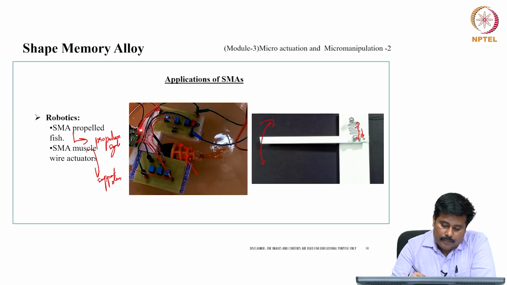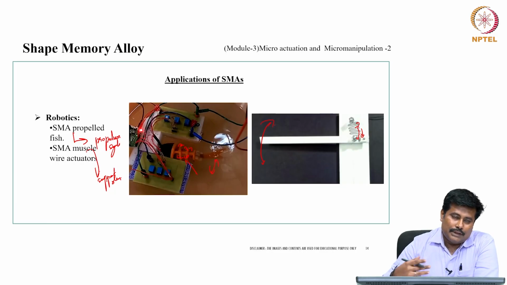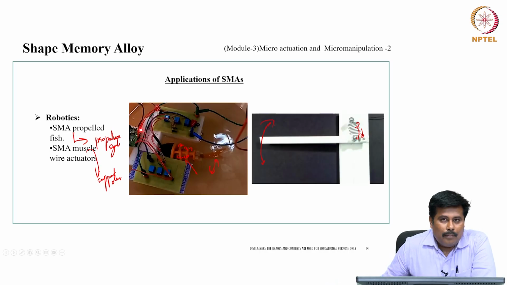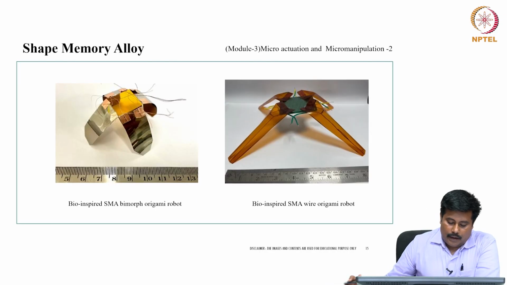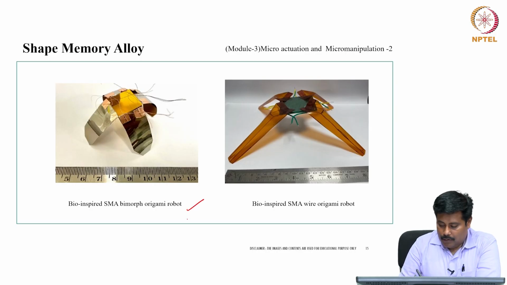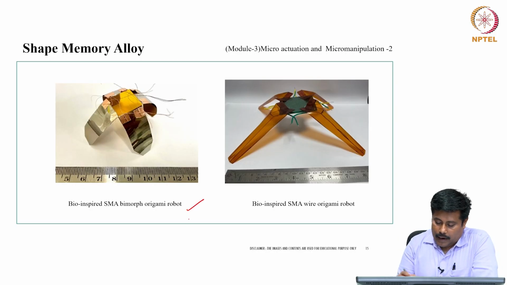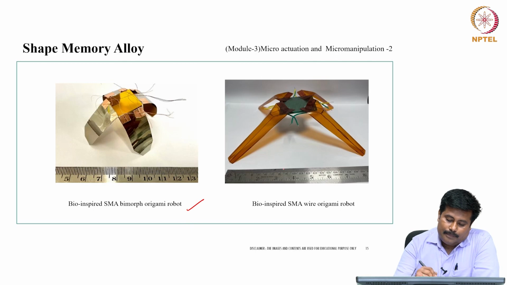In this propulsion mechanism, a shape memory alloy spring is integrated into it. By actuating it, we get an actuation which almost gives a biomimicking capability to the structure. Now this is a bio-inspired SMA bimorph and a bio-inspired origami robot.